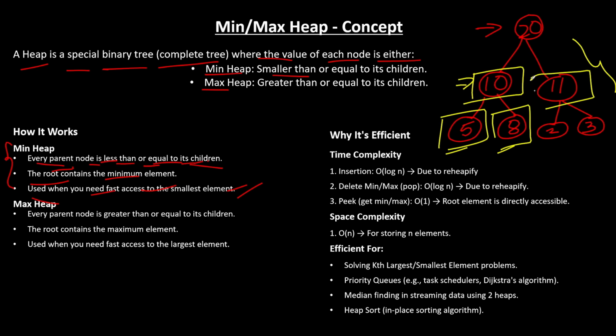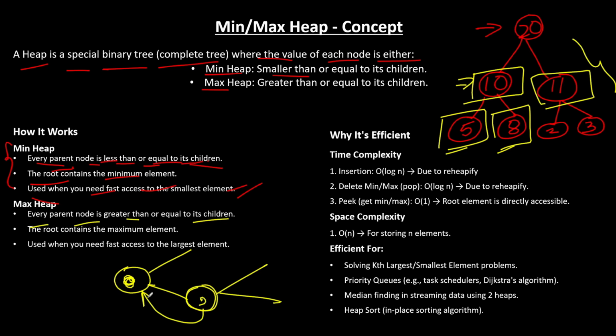Similarly, if we take 11 as the parent node, 2 and 3 are smaller than it. So what is written here? Every parent node in a max heap is greater than or equal to its children. So basically, if this is the maximum element, all its children will be smaller than it. This is the maximum element, all the children below it will be smaller than this, fine. And this will be smaller than this particular node, but larger than its own children below. This is how it goes.